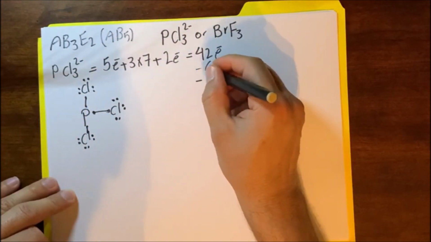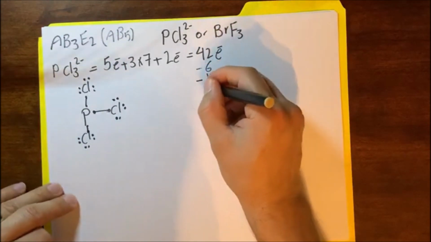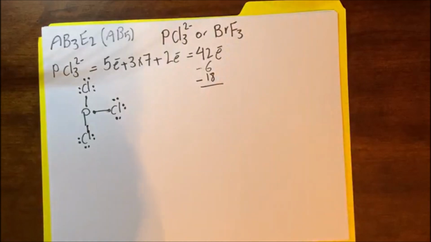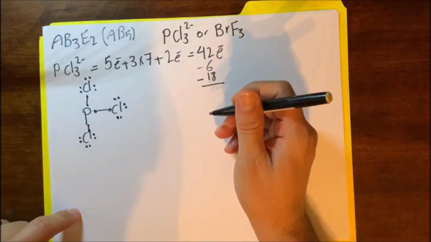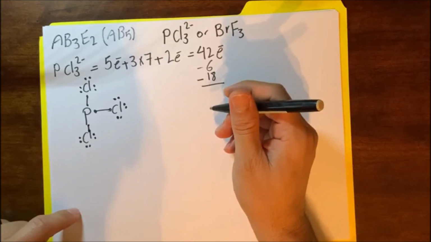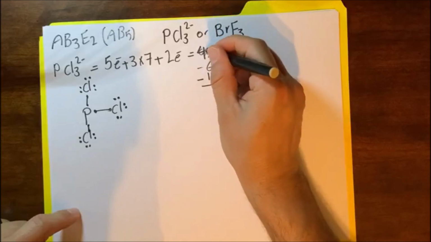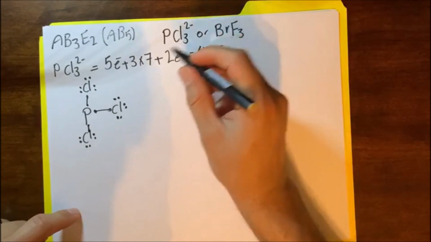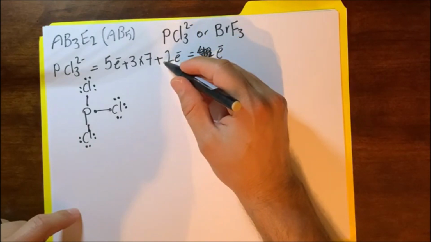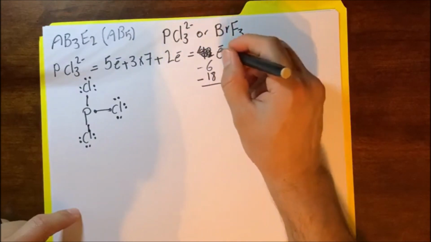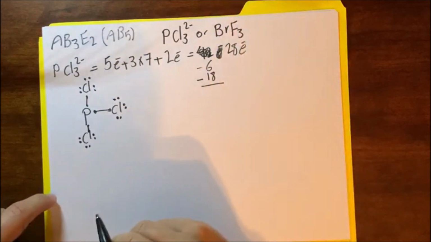Minus 18. Sorry, this one is wrong. It is 28. 28 electrons. Sorry about this one.